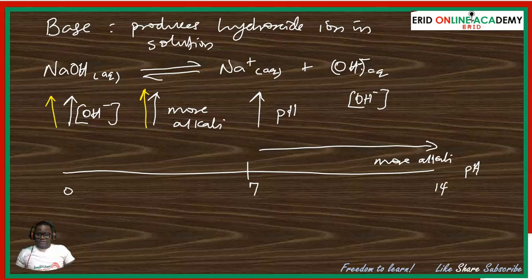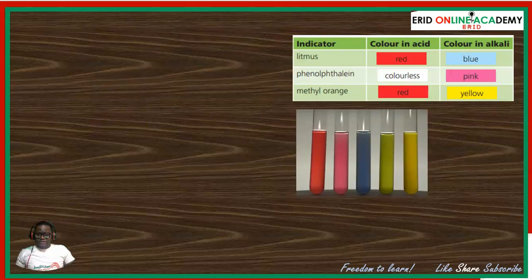Now, the next thing we'll consider is relating the pH scale to indicators. What do we mean by the term indicator? From the general English word, an indicator is a substance that shows, a substance that is used to identify.